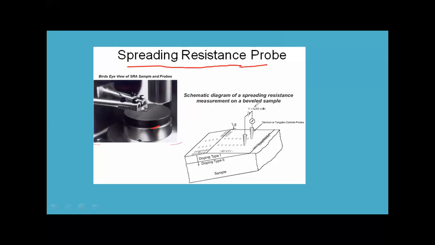You place the sample here and keep the probes here to measure the voltage drop. These probes measure the sheet resistance.